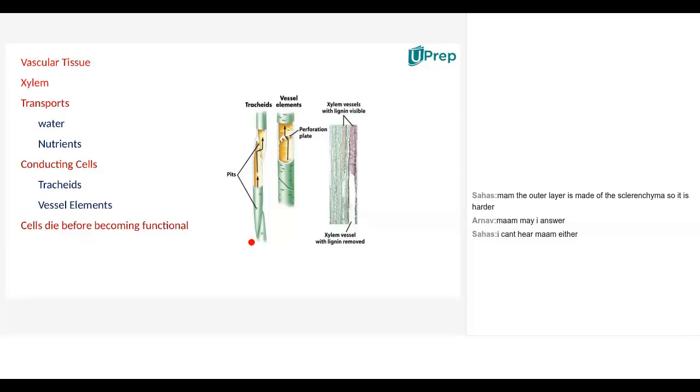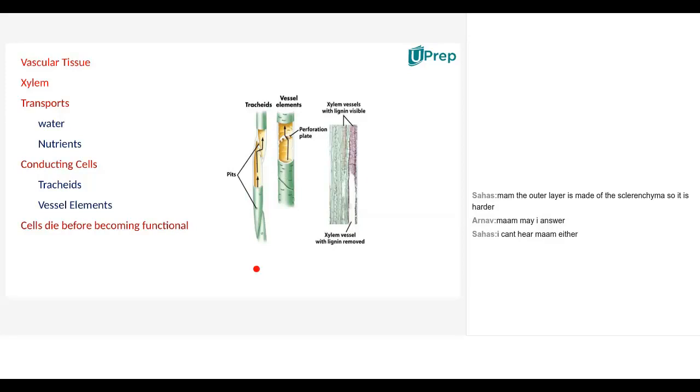But the vessel element has a broader lumen, broader space compared to tracheids, and doesn't have tapering ends. They have broad ends. That is the structural difference between tracheid and vessel. Other than that, both function in the same way.